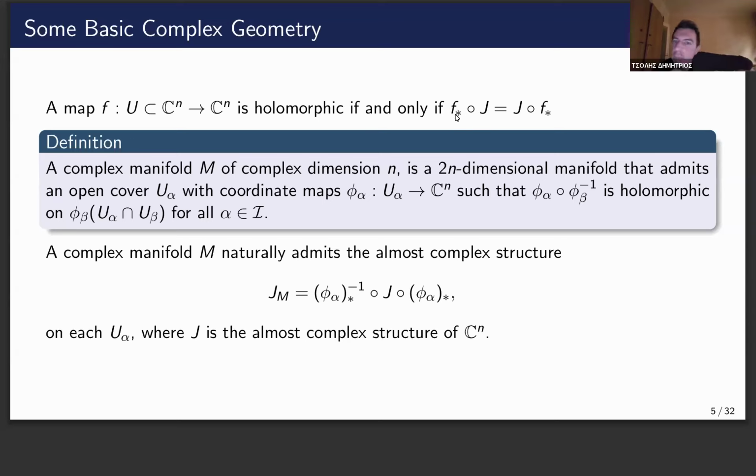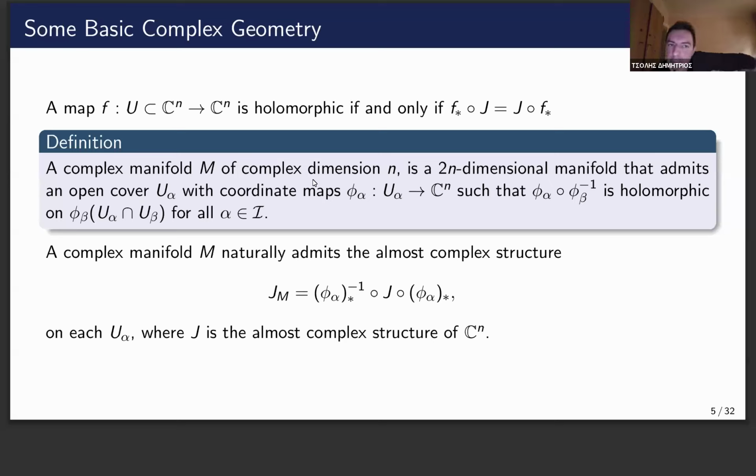We want the push forward of the map composed with J to commute with J. This is essentially the Cauchy-Riemann equation in the general setting of many complex variables.